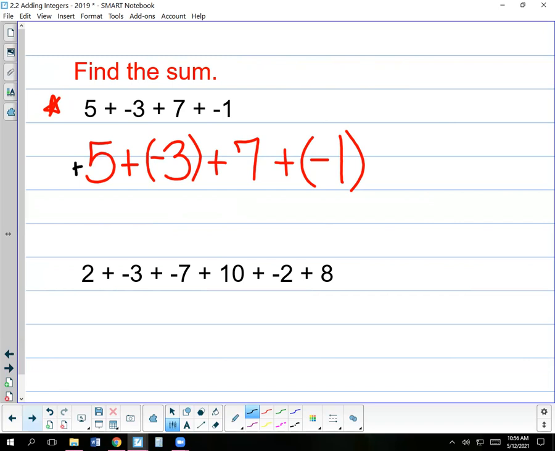All right. How do you think I'm going to do this? We're going to start out with 5 and 3. I would add the negative and the positive and then negative 4.